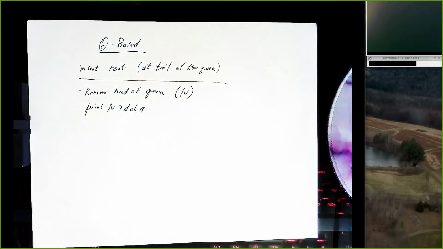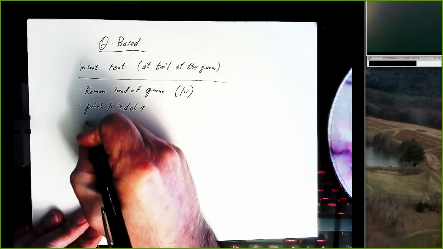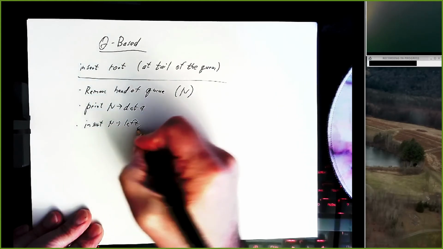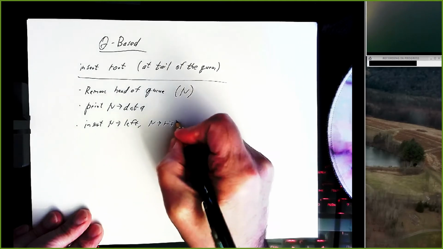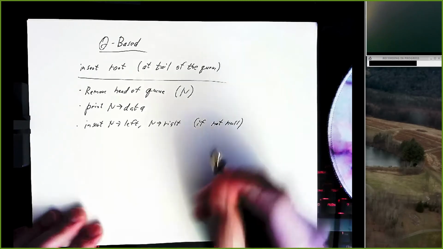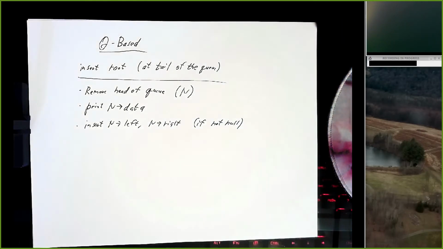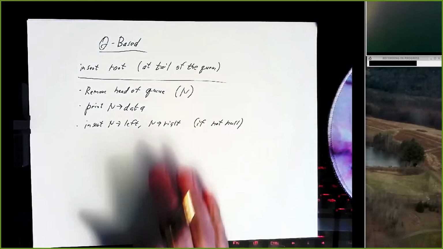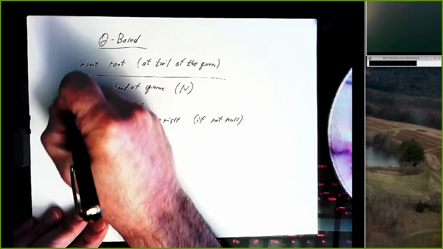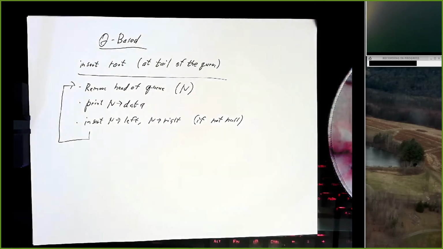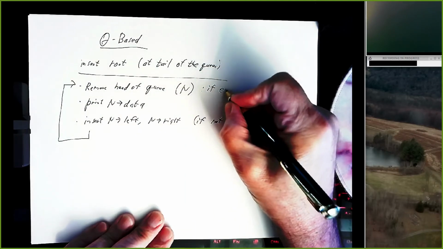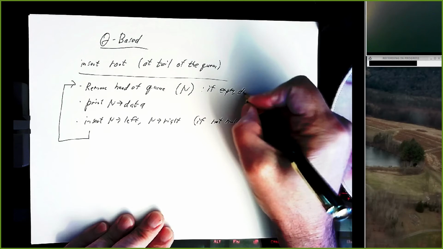Print that node's data, and then insert that node's left child and that node's right child, if they're not null. If there's no left child to N, don't insert null into the queue. Just don't do anything. If there's a right child, insert the right child. And iterate over that. And if the queue is empty, then you're done.